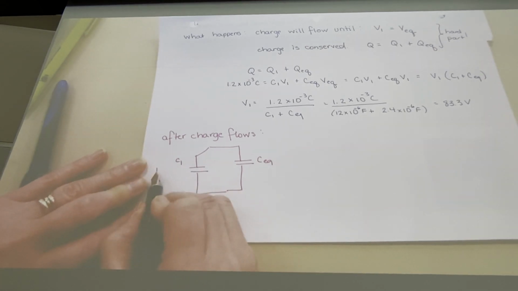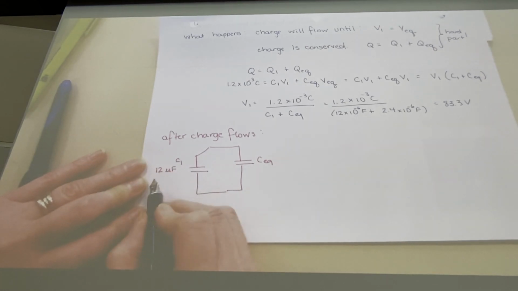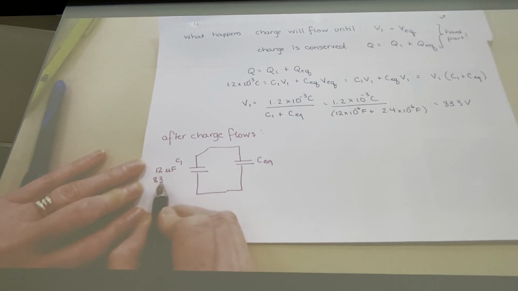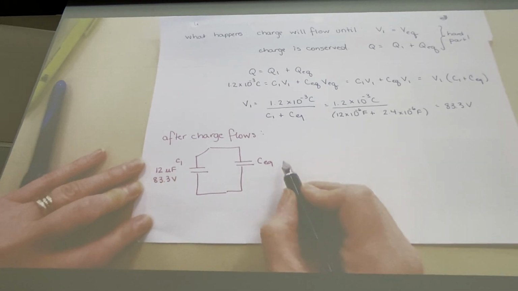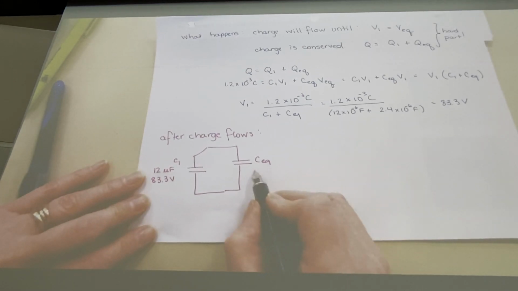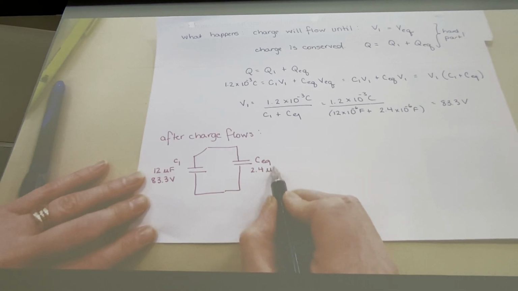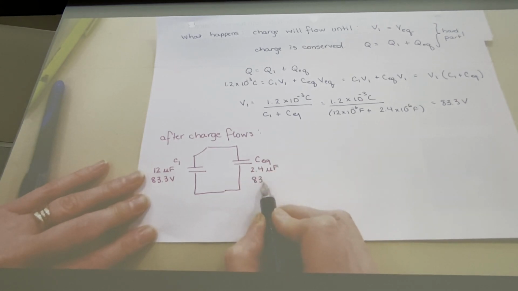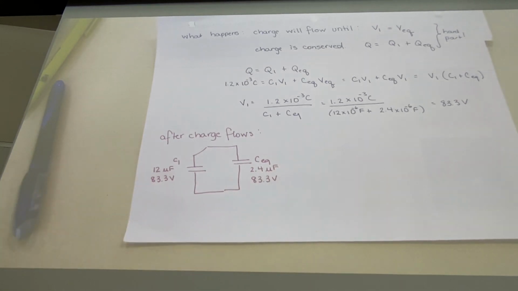I know my C1 is 12 microfarads, I know my potential is 83.3 volts, my C equivalent, I know that that's 2.4 microfarads, and I know that that has potential 83.3 volts. Okay, so far so good. Any questions? Now we know something about the potentials and the capacitances. Now we can find the charge because Q is C times V. So let's find the charge on C1 first.